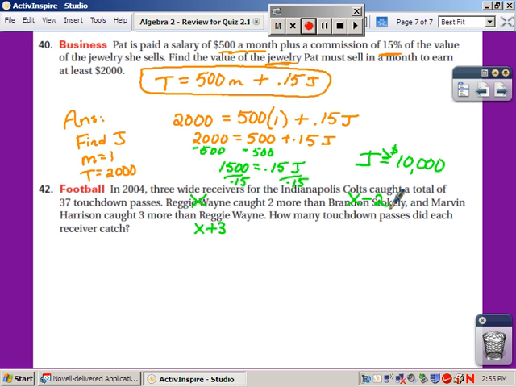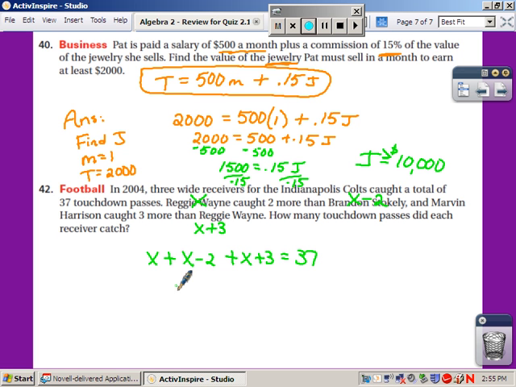So what we have is this many touchdowns, and this many, and this many, added up should give us 37. So we have an expression to work with here. All 3 guys added up gives you 37.